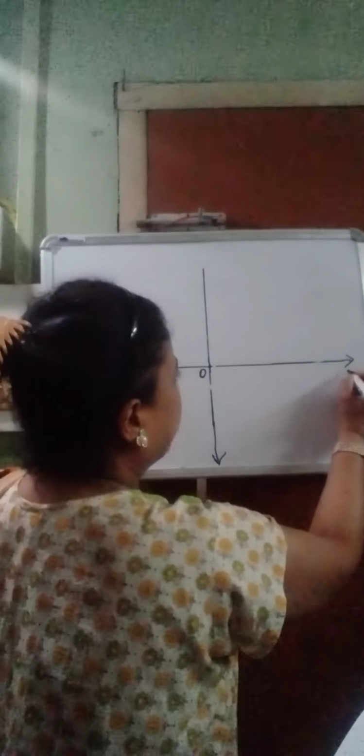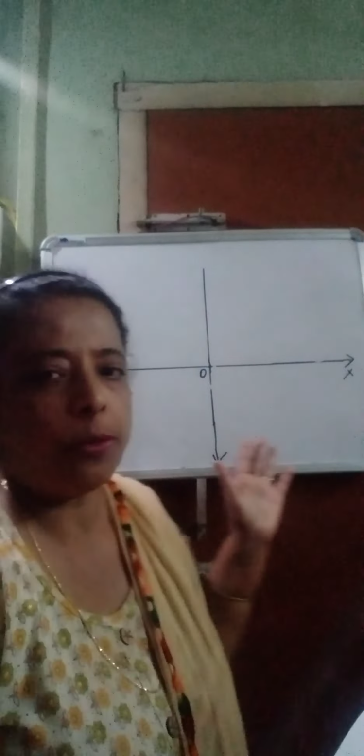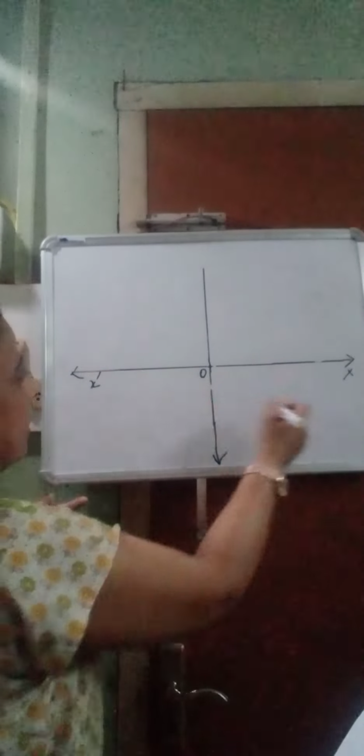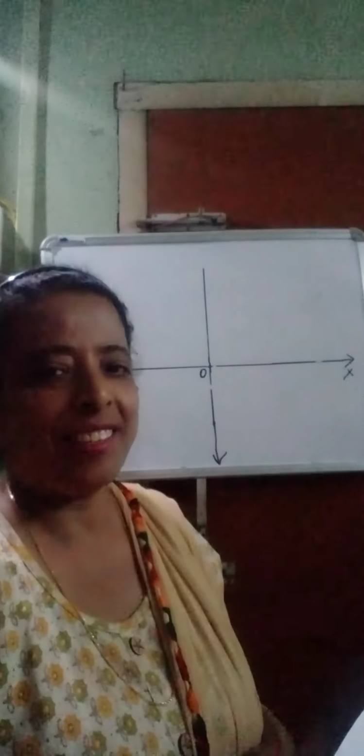Similarly, it is positive, so it is X positive, and on the left-hand side of 0 it also goes to infinity, but it is called negative X, X dash. From the point 0, on the right-hand side of the X-axis, the measurement goes on increasing.